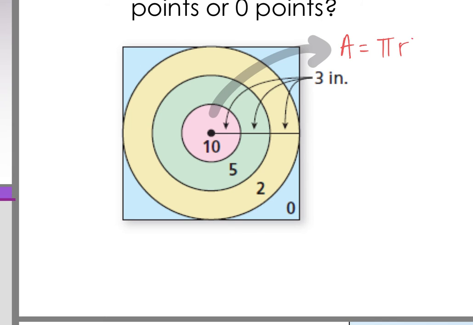Pi r squared. Very good. And our radius, this is saying that 3 is each of these lengths. So this is 3, this is 3, this is 3. So it's going to be area equals pi times 3 squared. So area equals 9 pi.